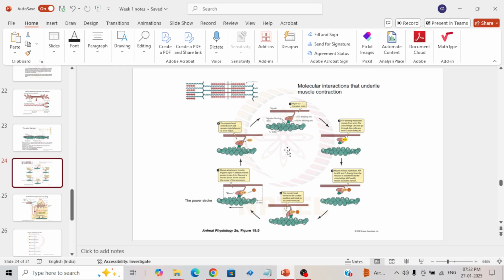And when again this ATP comes and binds to the ATP binding site, then this myosin head will be released from the actin, and it will come back to its original position, and it will be prepared again for another cycle of contraction. Okay, so power stroke is actually when the actin is being moved inside by the myosin head, slid inside by the myosin head.